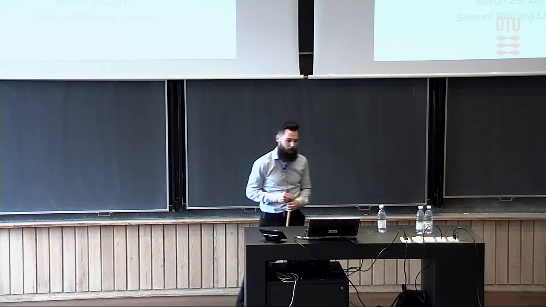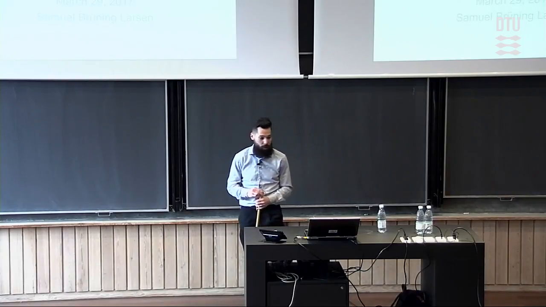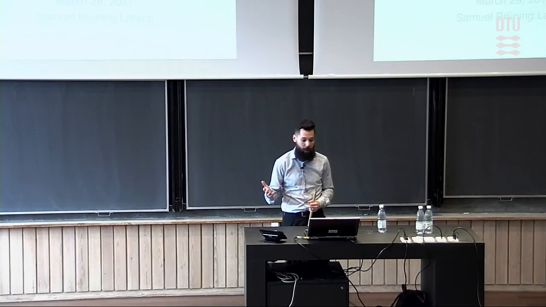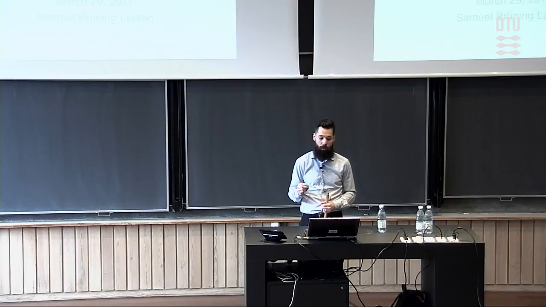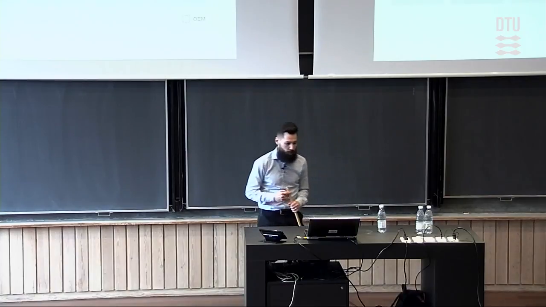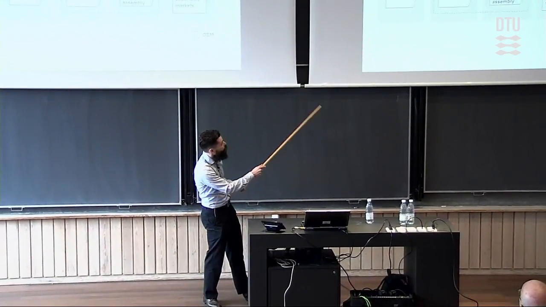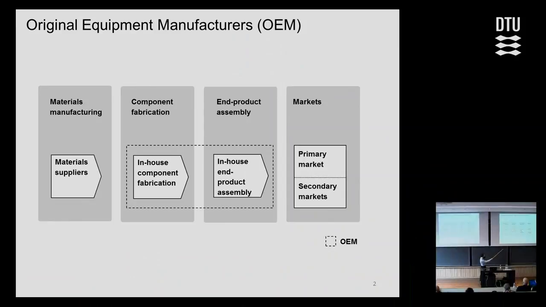Today's PhD lecture will be about how the reverse supply chain impacts the financial performance of original equipment manufacturers. And I'll be speaking at length about the reverse supply chain, but I would like to immediately define what an original equipment manufacturer is. If you see this image, there are 5 tiers in the supply chain: materials manufacturing, component fabrication, end product assembly, and then the customers.